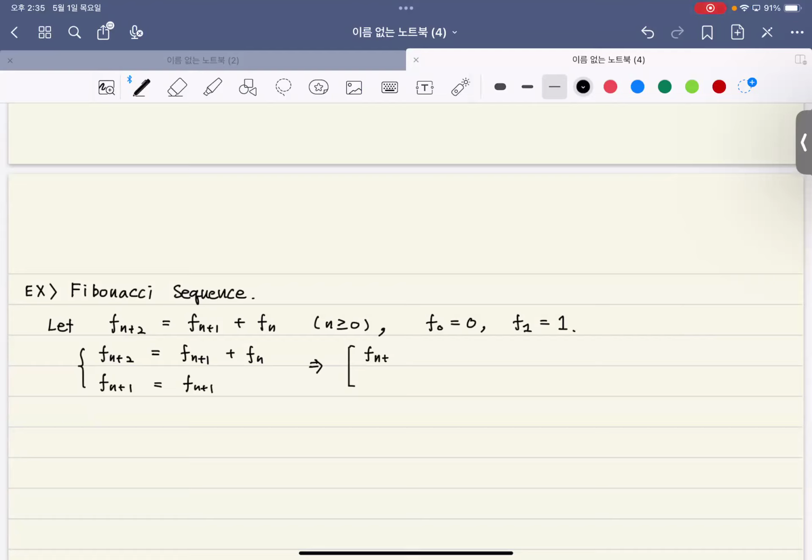So the vector fn plus 2 and fn plus 1 is the matrix 1, 1, 1, 0 times the vector fn plus 1 and fn.